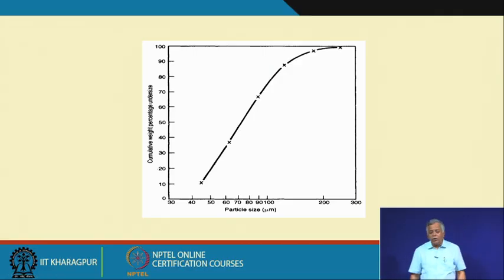Although I have not used a sieve of 74 micrometers, I can still generate this information from my size analysis data. If I have an imaginary sieve size of 74 micrometer, my entire population will be equally distributed. That means 50% of the entire population will report to the oversize fraction and 50% will report to the undersize fraction.